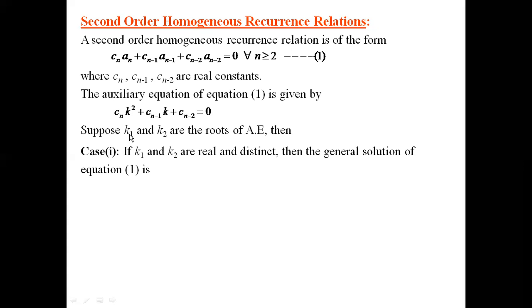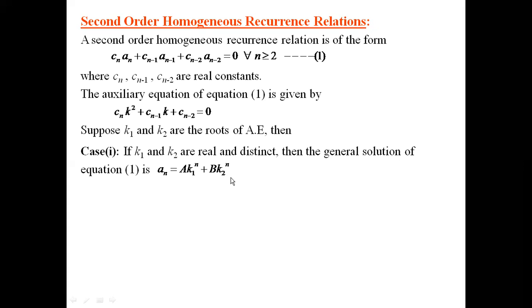Firstly, suppose the roots obtained k1 and k2 are real and distinct roots. Distinct means different. Then the general solution of the given equation will be of the form an equal to capital A into k1 power n plus B into k2 power n.